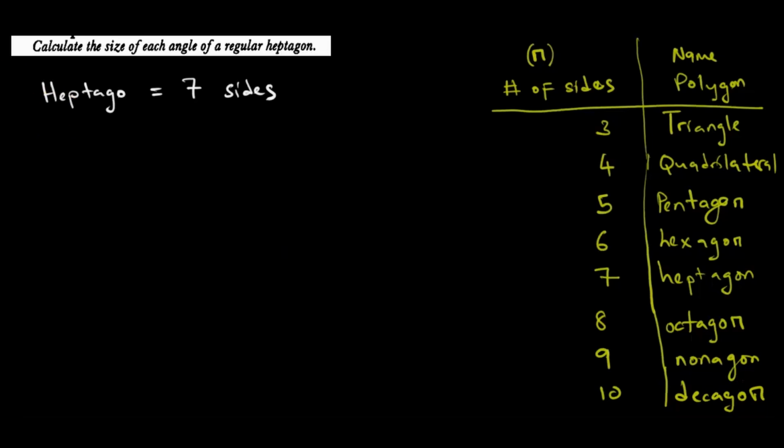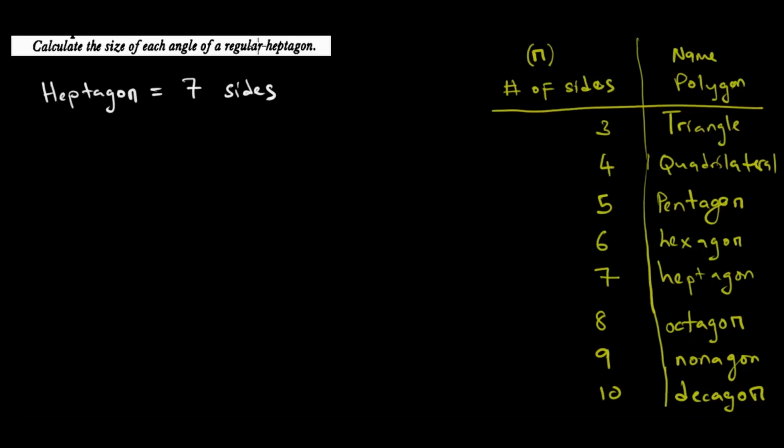So a heptagon has 7 sides. But remember earlier in our cluster, we discussed regular. Whenever a polygon, a shape, is called regular, it means the lengths of the sides are equal. But even though the lengths of the sides are equal, what else is equal? Interior angles.